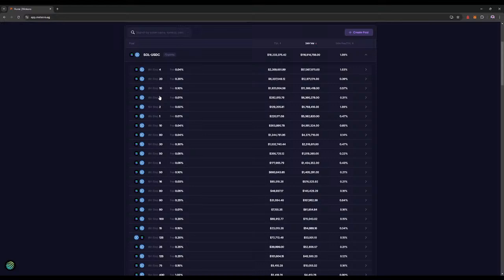So for example, if we take a look at this pool which has a bin step of 8, and we take a look at this pool with the same bin step, then you'll notice there is a difference in how much fee is being charged on each transaction.